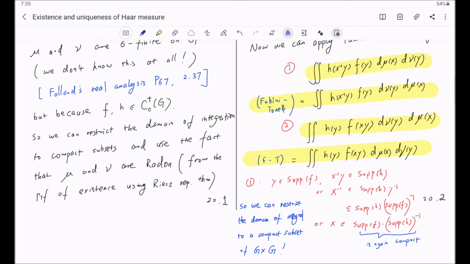And mu and nu will be finite measures on those two compact subsets, respectively. They are Radon measures, and in particular, finite on those compact subsets. So we can apply the Fubini-Tonelli theorem safely. Same for the situation number 2. And this addresses the subtleties in here.